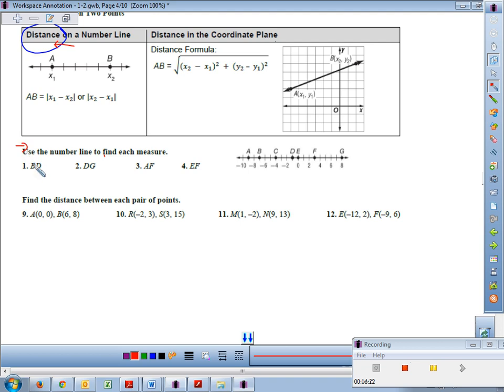Use a number line to find each measure. What's this ask us to do? Distance from B to D. Let's do it. Where's B at on the number line? B's at where? And where's D at?